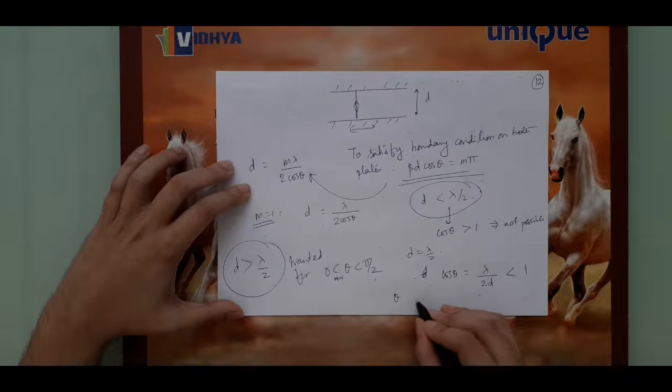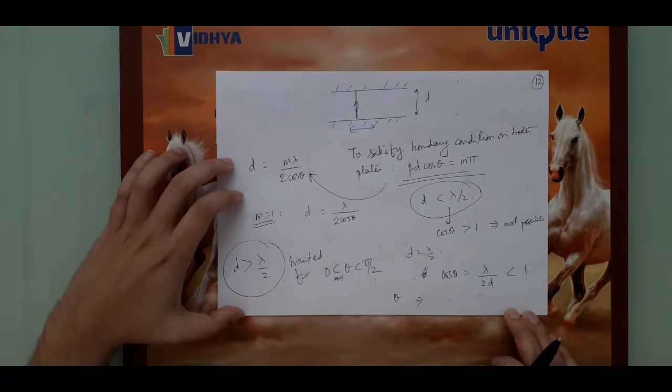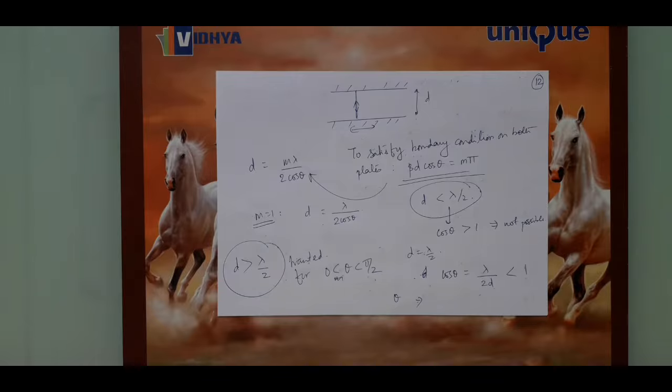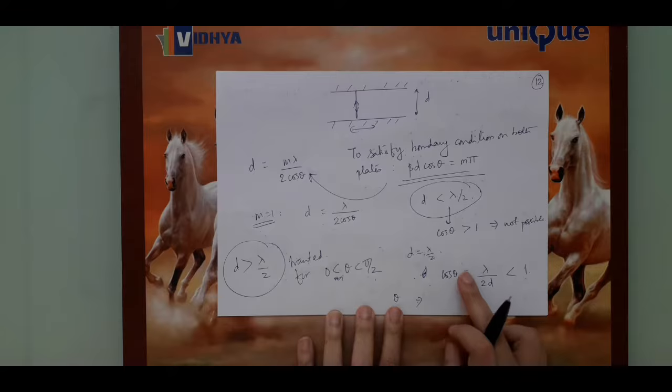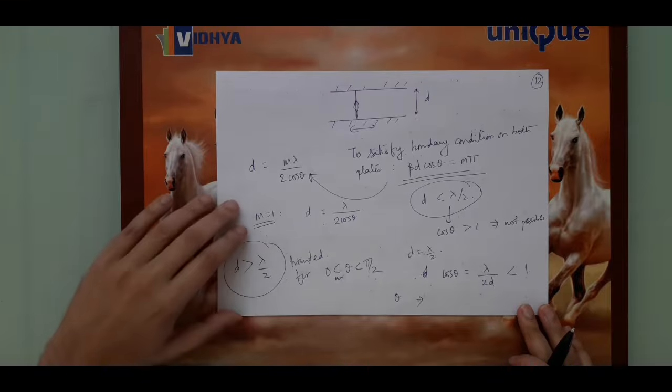So that means, if you solve this inequality, again you will get d is more than lambda by 2. And that is okay. So what I am saying is, by changing theta between 0 and pi by 2, I can increase the number of solutions.